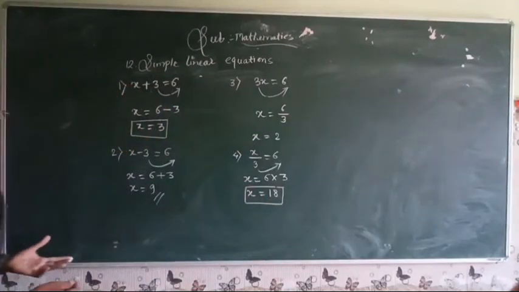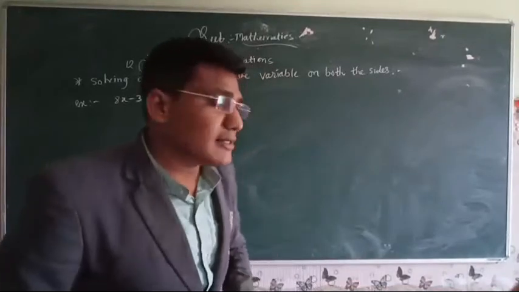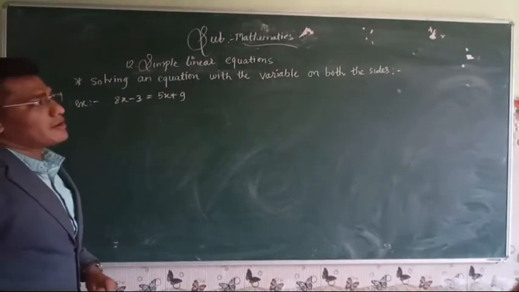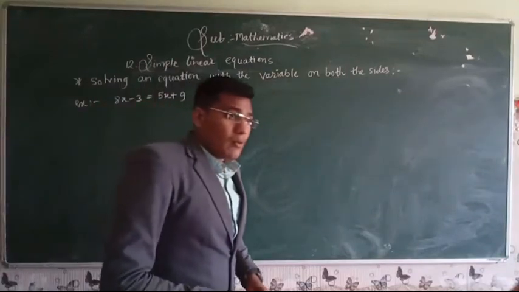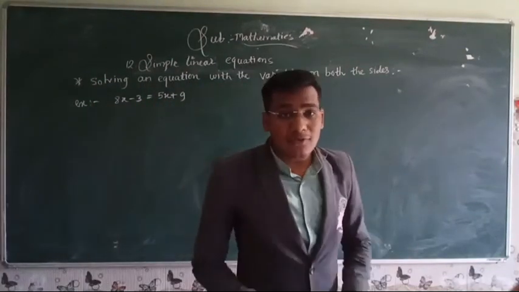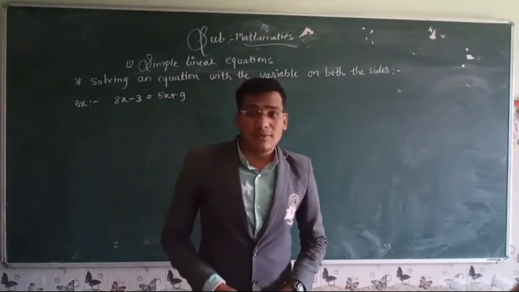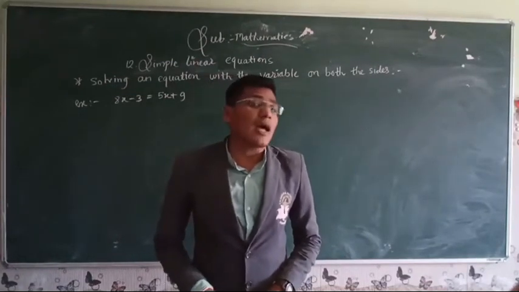Now the next topic of the lesson is solving an equation with the variable on both sides. How do we solve an equation if the variable is present on both sides of the equation, meaning on the LHS as well as the RHS?